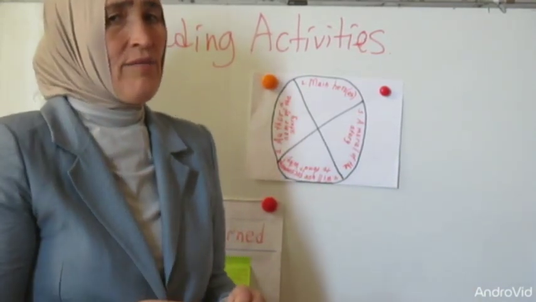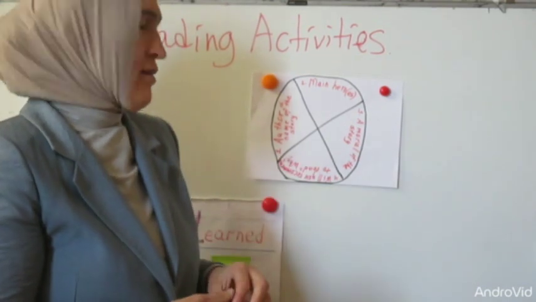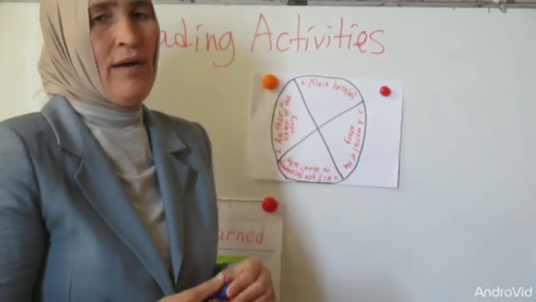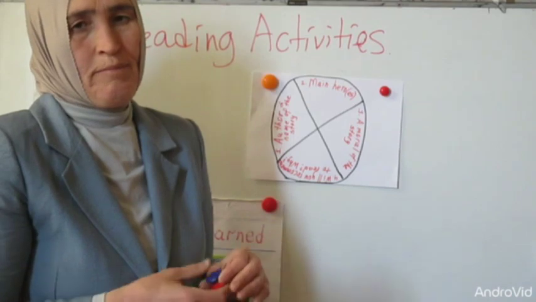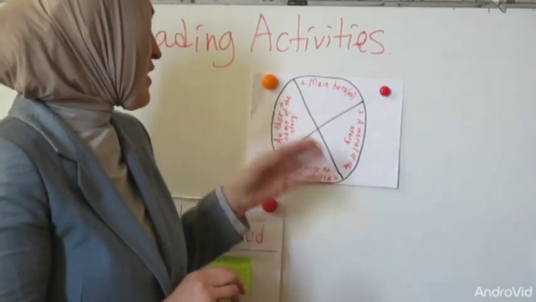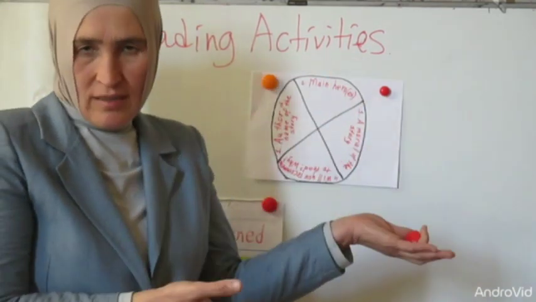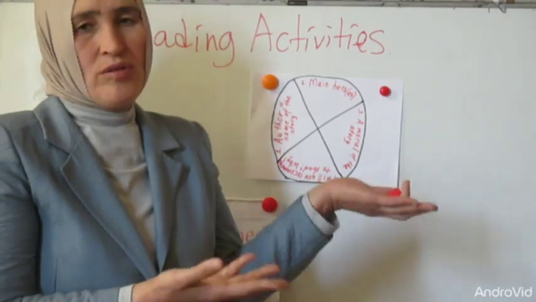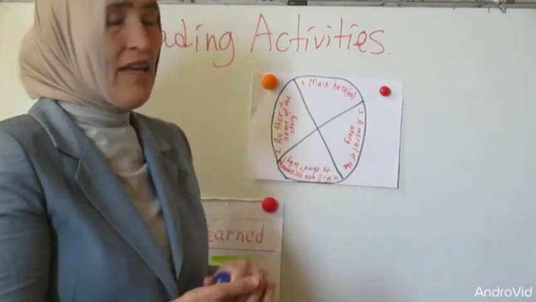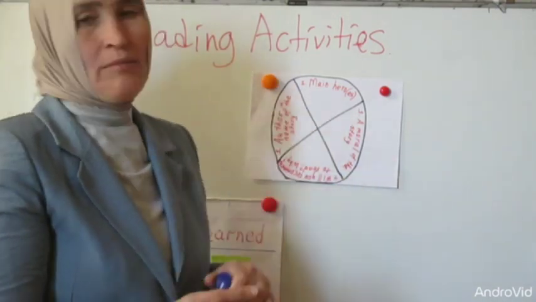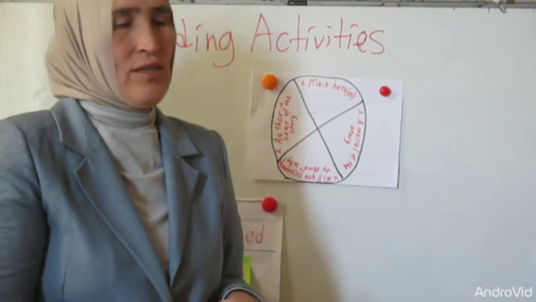Now let's say we read one book about traveling. We can say the author of the book, and also the name of the book, and then main heroes if we have main heroes.